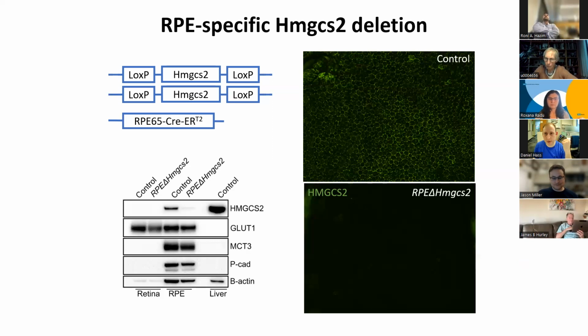Hi, Dan. I was wondering, you're showing us all these different models, and when you're looking at retinal degeneration, you're not seeing any evidence of that at the gross morphology level. That could be because the tissue or the cells are getting that metabolite from a different pathway, just like Christian was saying that citrate can be produced from other pathways not necessarily involving the palmitate that you're feeding to the cells.